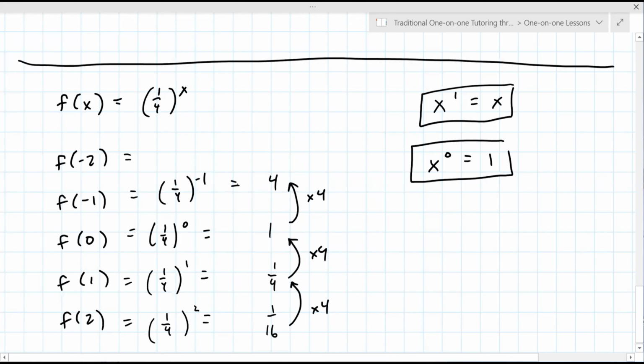Keep it super simple, keep it simple. Don't overcomplicate things that don't need to be overcomplicated. Look for the pattern with the nice ones and then apply it to the others.